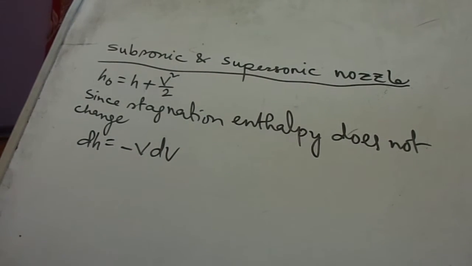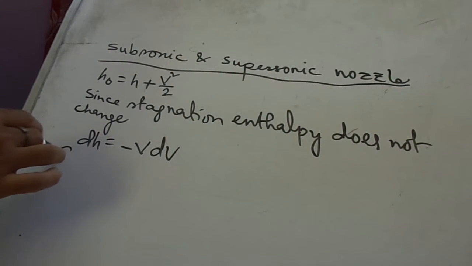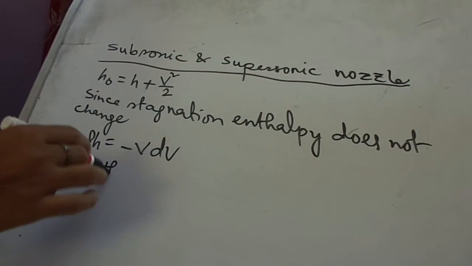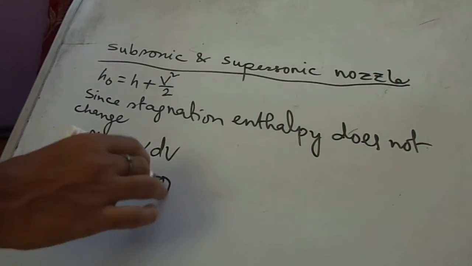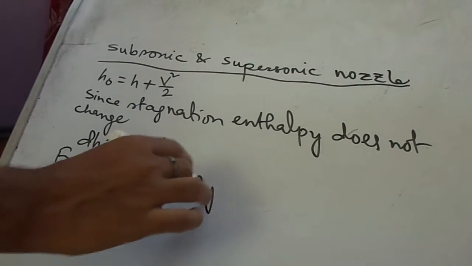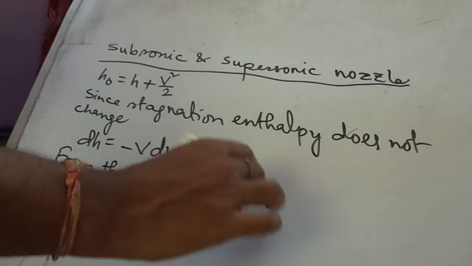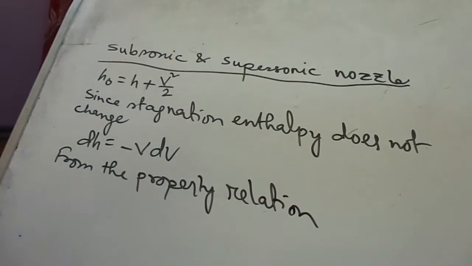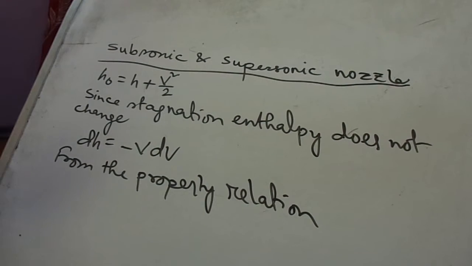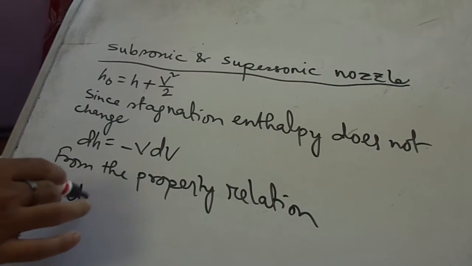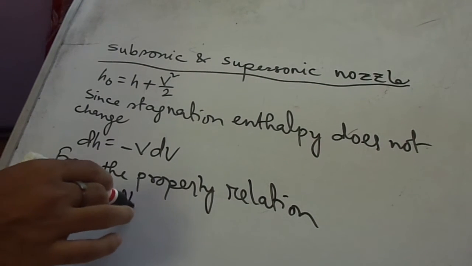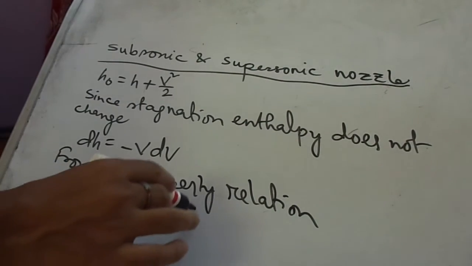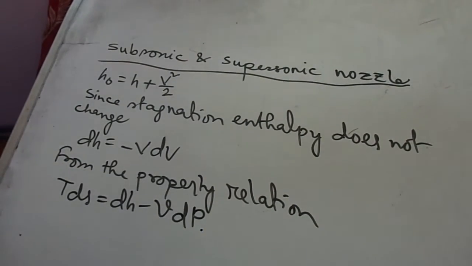From the property relation, TdS is equal to dH minus VdP.